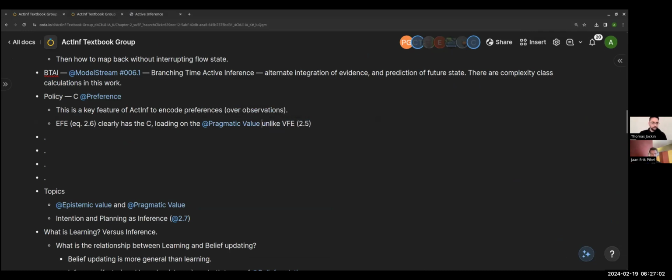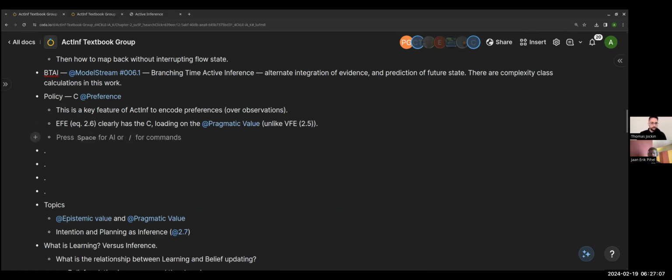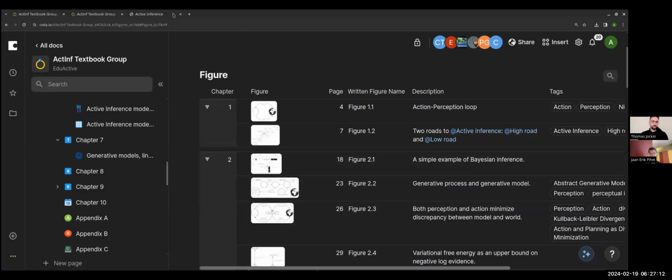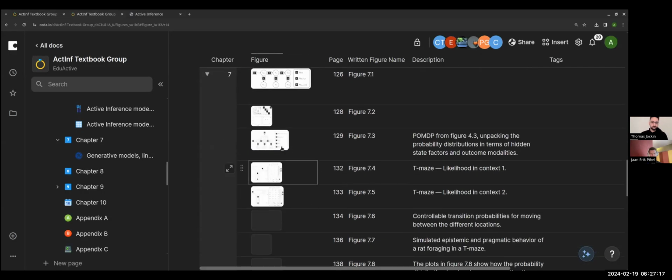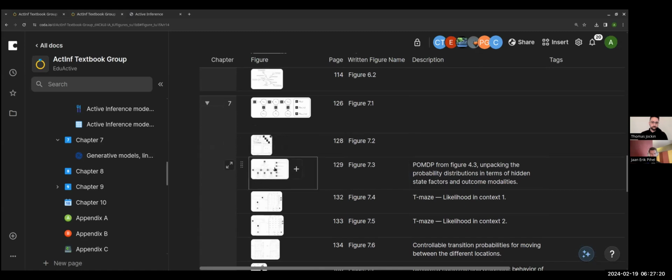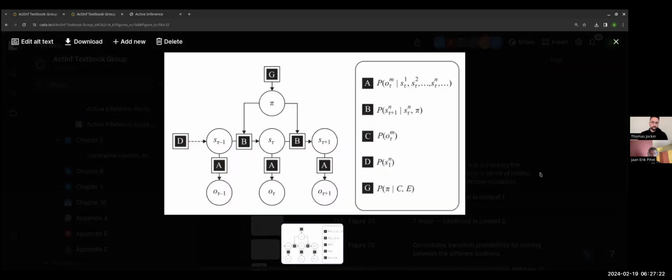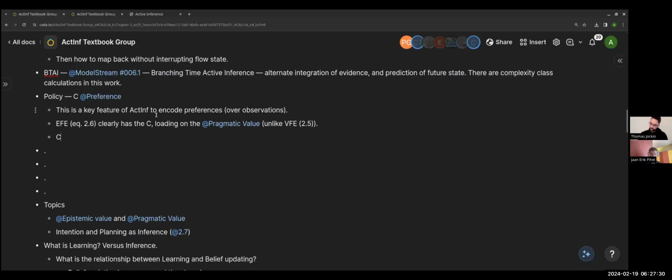Basically, the way they do it is to embed the whole equation, or let me put it this way: by encoding the preference, the whole equation can be written down as a kind of lower bound of another optimization parameter, which has incorporated this C parameter, or the preference parameter.